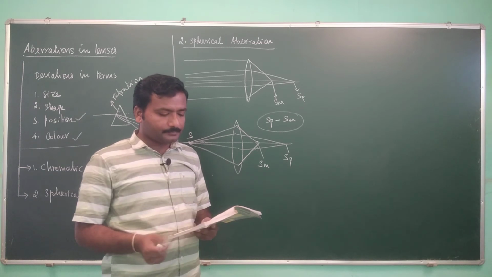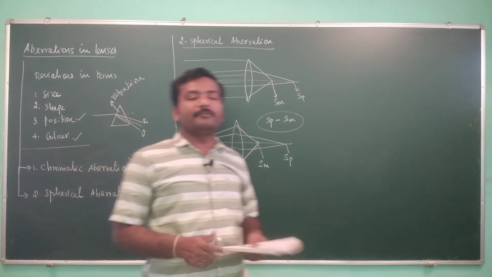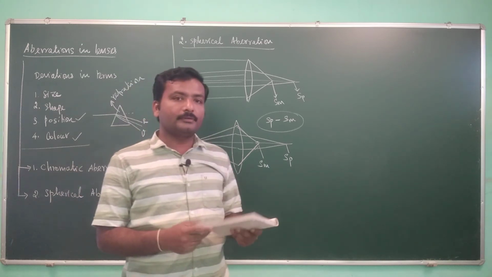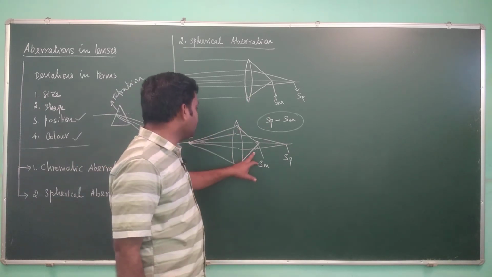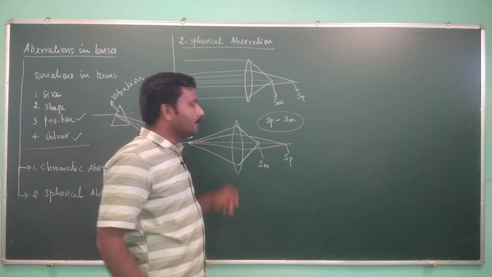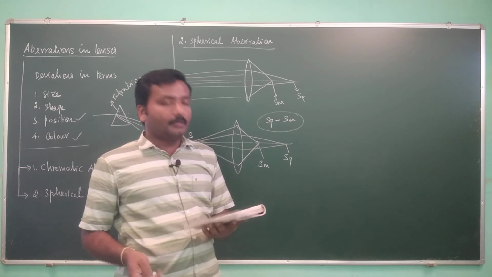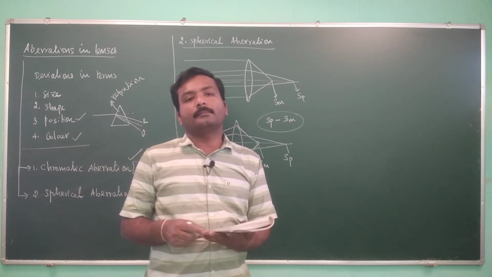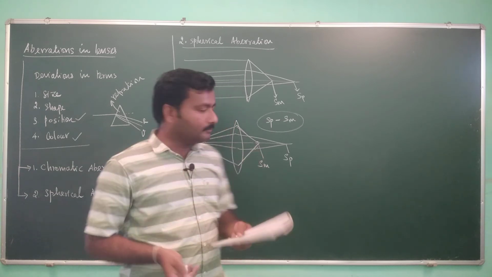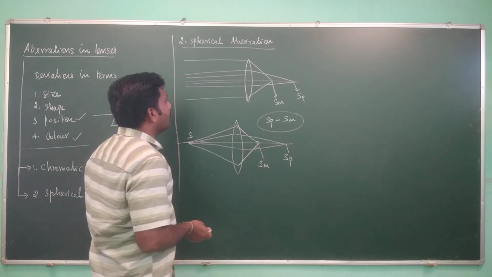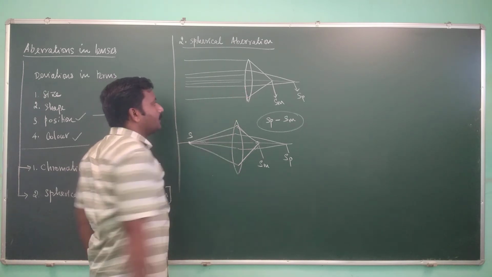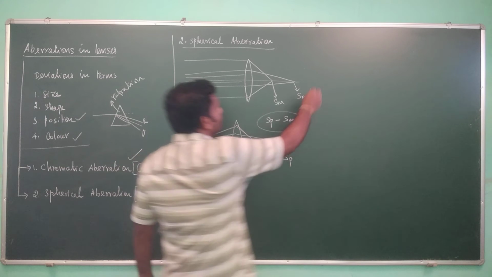So in simple words, the failure to form a point image for a point object on an axis by a lens is called spherical aberration, right? Now the spherical aberration for a parallel ray for a convex lens is said to be positive.